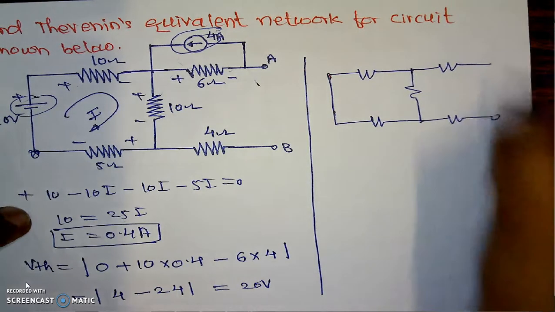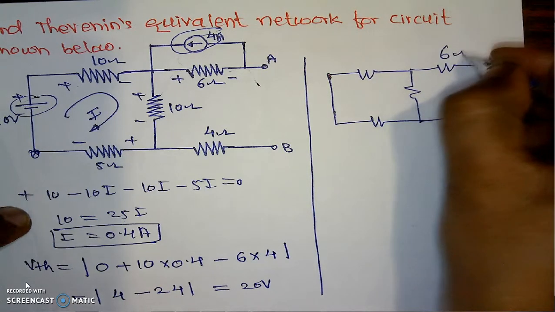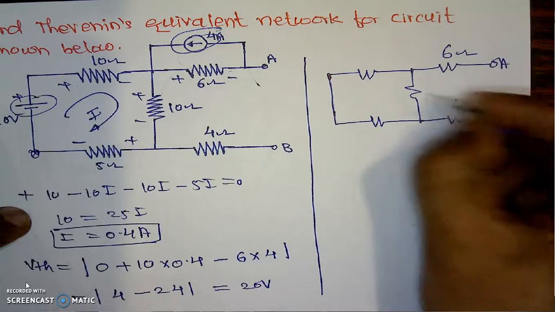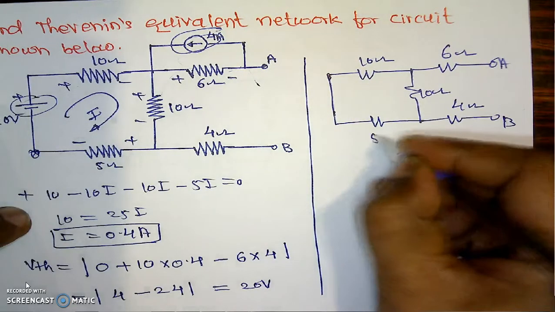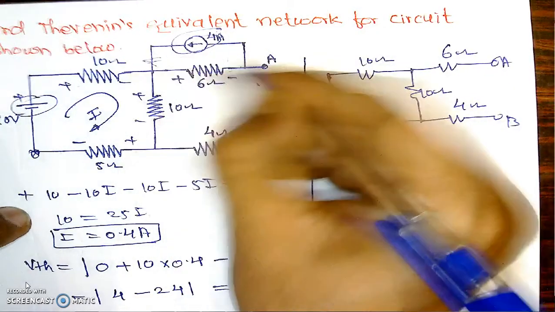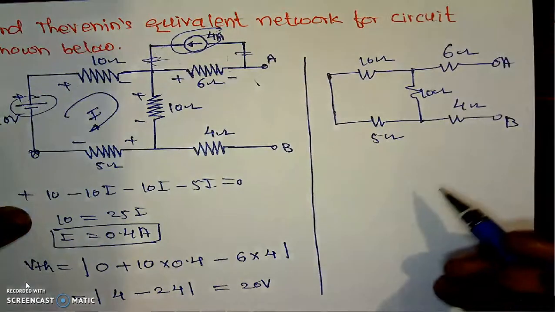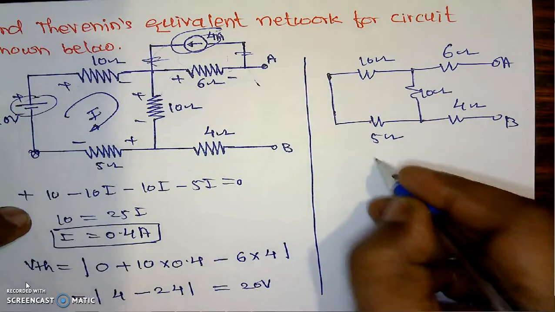This is A, and here B, 6 ohm here. This is 4 ohm, 10 ohm. This is 10 ohm again, and this is 5 ohm. This is replaced by infinite, meaning this terminal we are keeping open in the air, that is nothing but replaced by infinite resistance. Now, these two are in series.